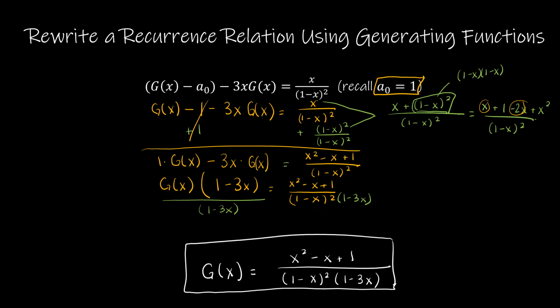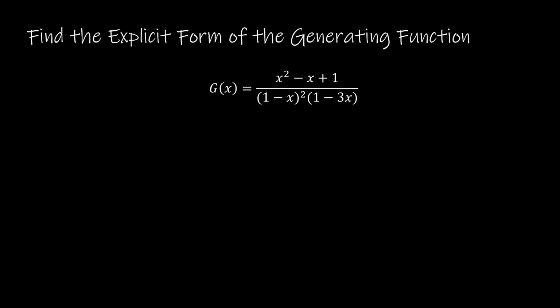So I have a generating function, and I now have to write it as an explicit solution. The next step is to find the explicit form of the generating function. So we have our generating function that we've just created together, and now we need to find the explicit form. So just as we did before, we're going to use partial fractions.